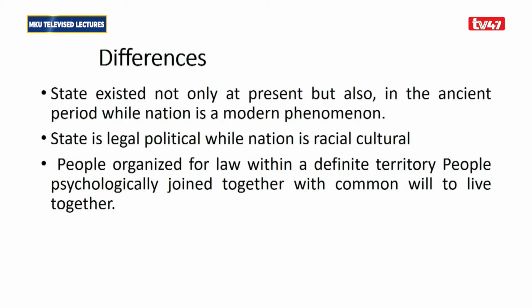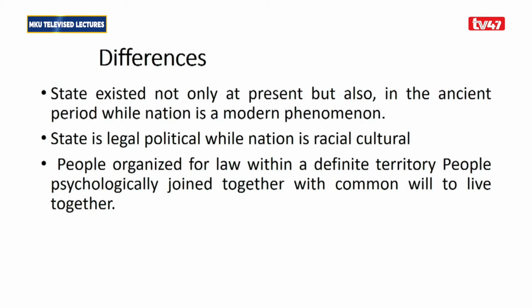But you find that a state existed way before in the ancient times, but by virtue that nations are being defined based on the political phenomenon, that's why different scholars have tried to bring out the difference based on the existence.